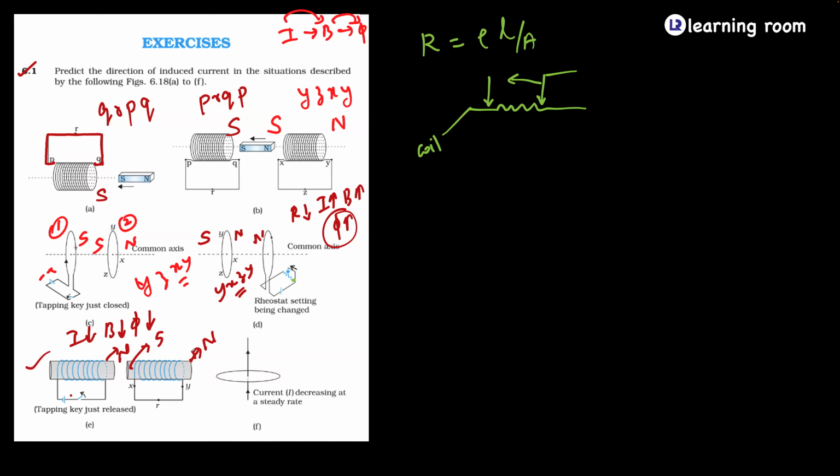So when the current starts flowing anti-clockwise, first the current will go to X, R, Y, and then it will go to X. So what is the answer? X, R, Y, X. Okay. So check the answer at the back.